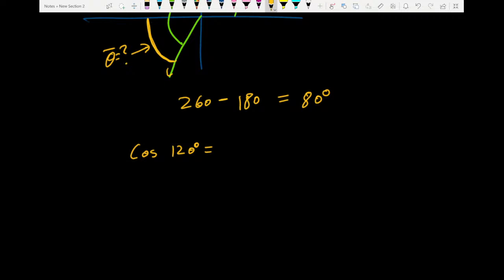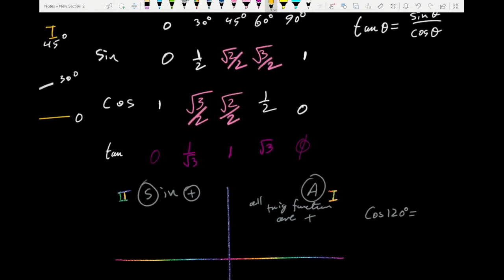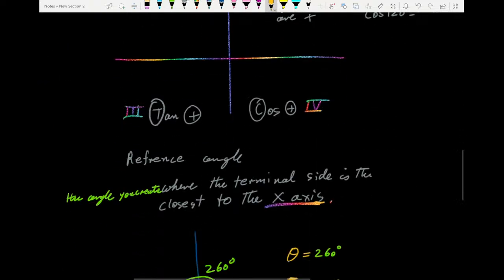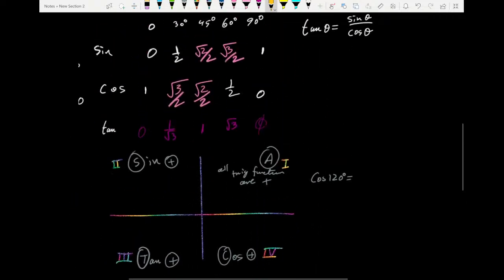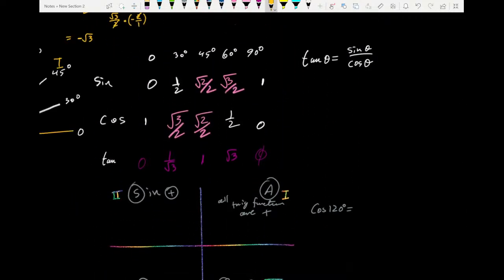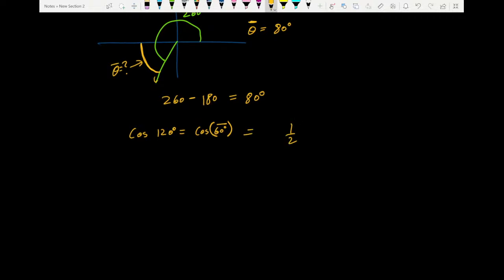Well, I can't use the table right now, because the table doesn't have any one of these special angles. But let me find out the reference angle. The reference angle for 120 is 60 degrees, remember? Now I can use the table, and cosine of 60 is what? 1/2. I know that, that's 1/2.